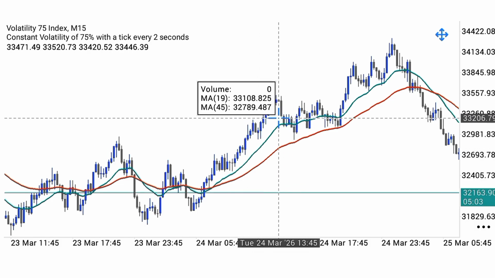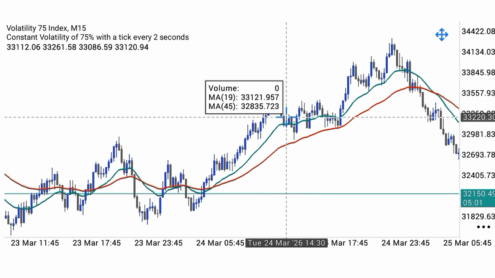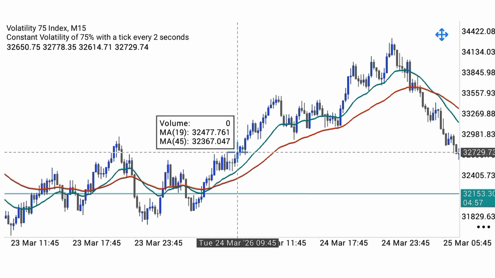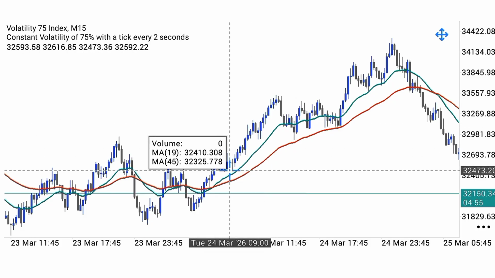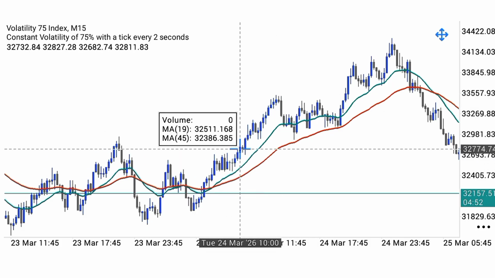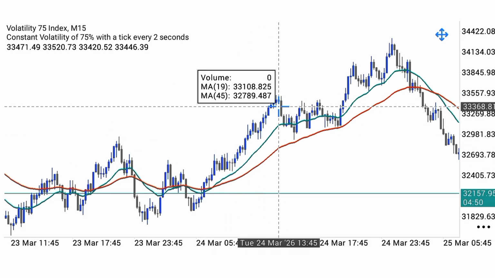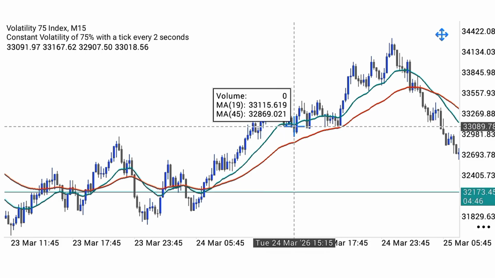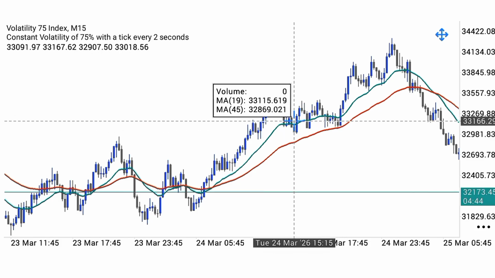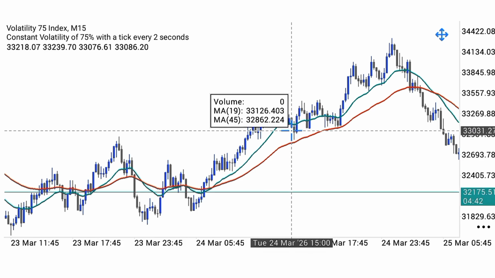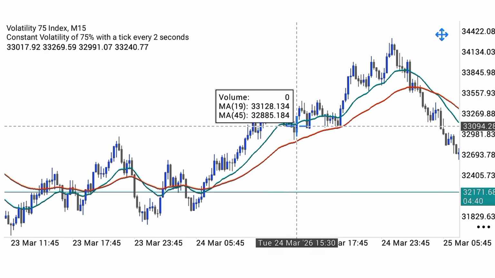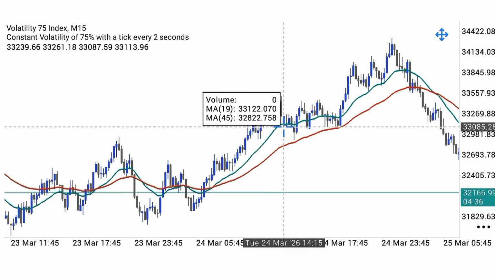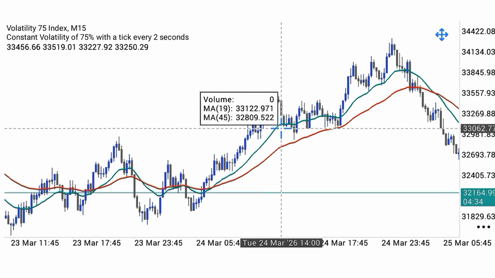So all these ones that move here, we are not interested in them. The only one that we are interested in is this one that touched the green moving average. So now, what does that mean? It means that once it touches this green moving average and it gives us an entry candle, we can enter a trade for this signal.